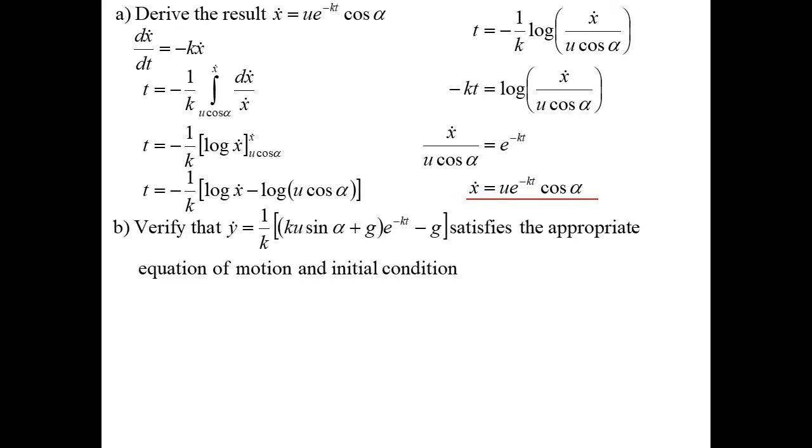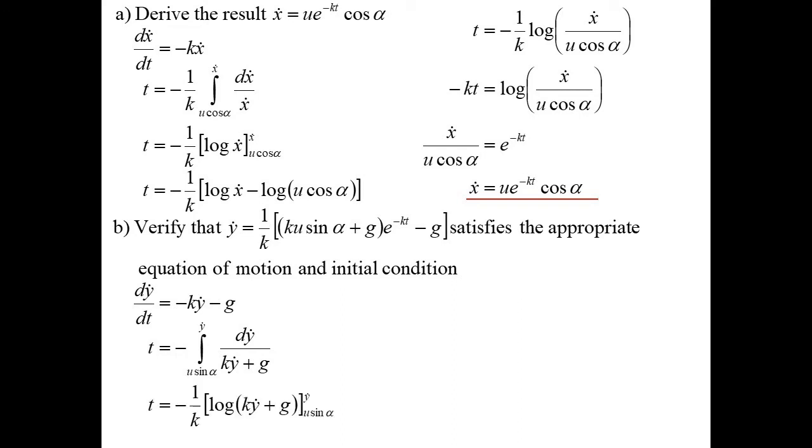Now, it says verify. In hindsight, I've actually gone and derived it. Because it says verify, all I really needed to do was differentiate that and show that it satisfied the acceleration equation. I've gone and actually calculated it out, so let's do that. t equals minus, and there's our integral, and I end up with minus 1 on k log of k y dot plus g.